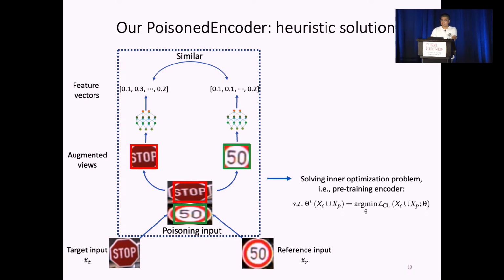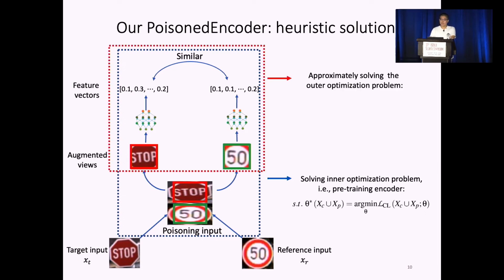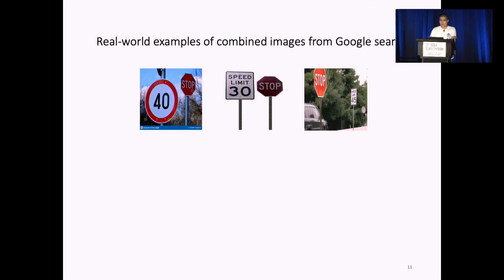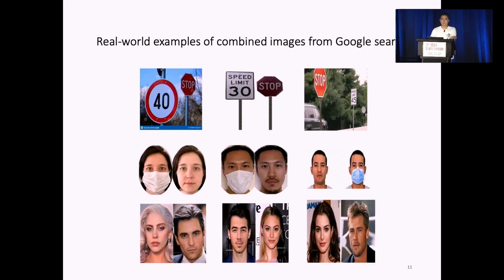We note that at the same time it solves the inner optimization problem, which is pre-training the encoder, it is simultaneously approximately solving the outer optimization problem to make the encoder produce similar feature vectors for the augmented views from the target input and reference inputs. We say approximately because augmented views are not exactly the same as target input and reference inputs. We noticed that such combined images may be a real-world issue on the public internet.